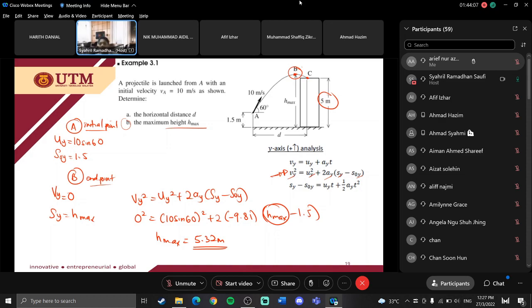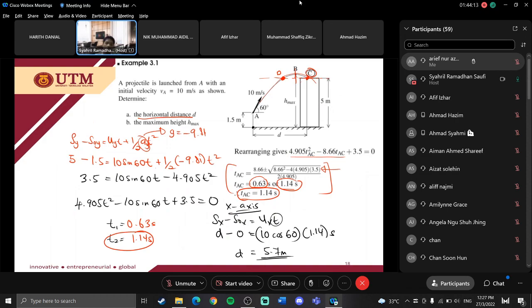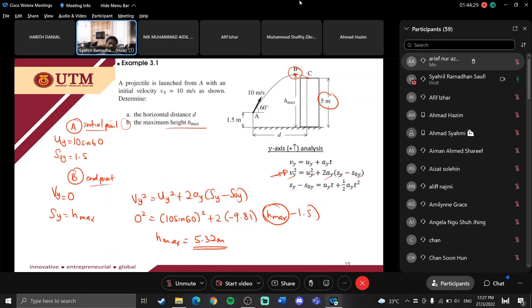Usually we need to determine the time. One important thing is that when you get the time, you will get two times, t1 and t2. So which time do you need to use? Usually for projectile it is just like that. You play around with this kind of equation.